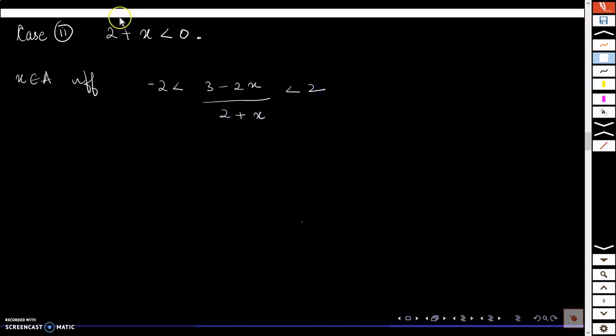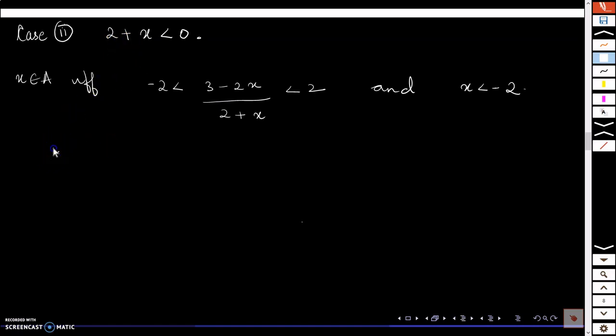And along with this, it should satisfy the condition of the second case of being less than minus 2. So if you transfer this 2 here, you have x is strictly less than minus 2. So it should satisfy both these conditions to come in A under this case, that is the second case.